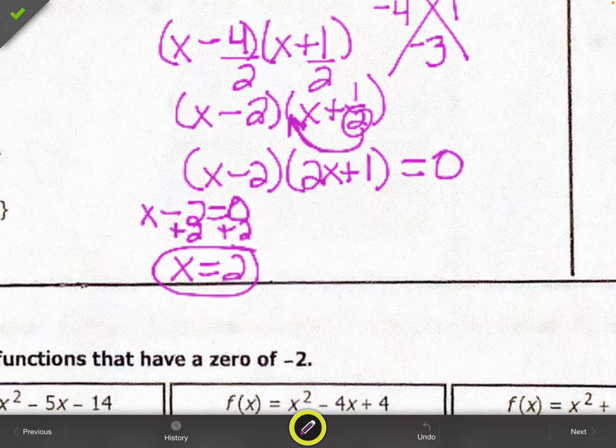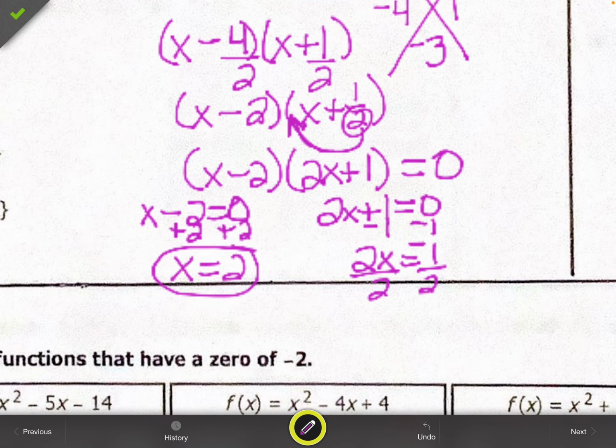Then you do the same thing for whatever's in the other parentheses. So we got 2x plus 1. Set it equal to 0. Now solve this. Subtract 1, subtract 1. I get 2x equals negative 1. Divide by 2. So my other solution is negative 1/2.